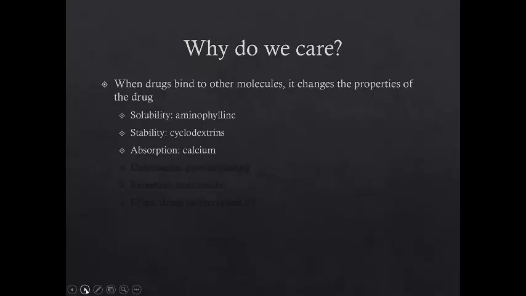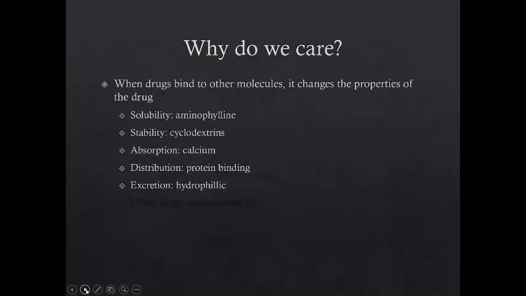by complexing different agents. We can improve or inhibit the distribution of drugs. When drugs are bound to proteins, the proteins are very large so that when a drug is bound to a protein, it can no longer move around the body. We can also complex a drug or a ligand, a compound, with another drug that would make it more hydrophilic or more lipophilic.